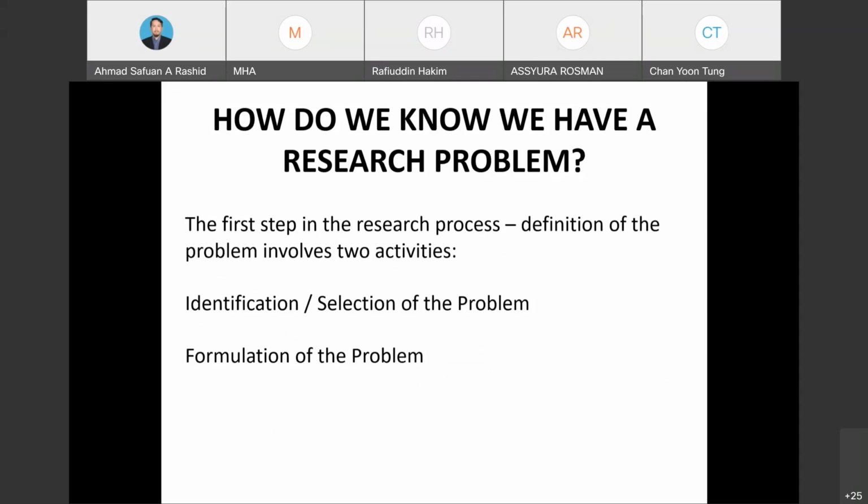For example, when I was in the UK, one of my colleagues wanted to solve a problem in Indonesia, so he created a research problem related to his local area.